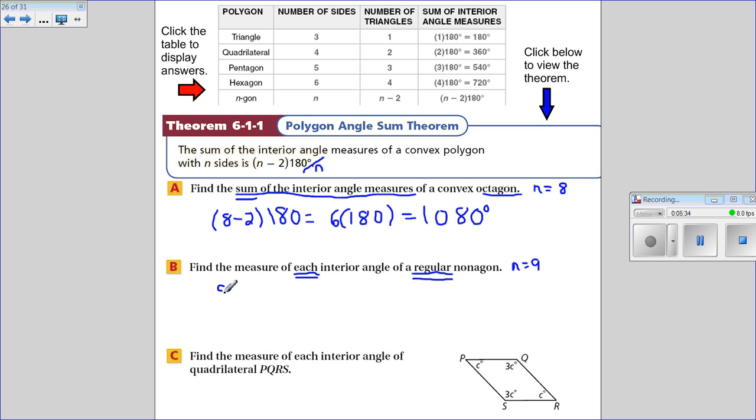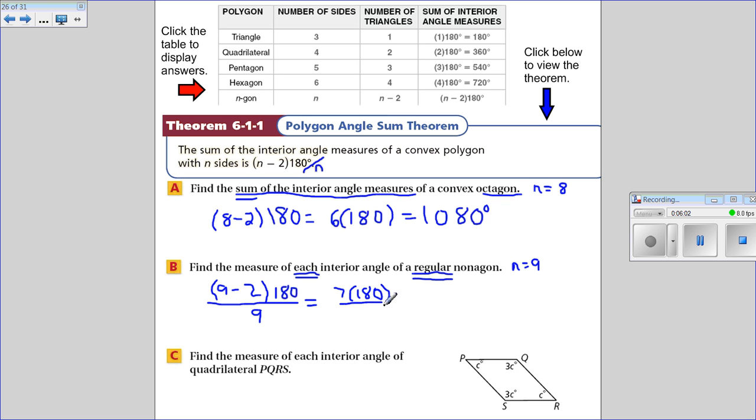So in part B, a nonagon would mean that n equals 9. I plug in 9 minus 2, which gives me the number of triangles in a nonagon, times 180. Then I take that answer and divide it by 9 to get how many degrees each angle would be in a regular nonagon. Now I know that this is 7 times 180 divided by 9.